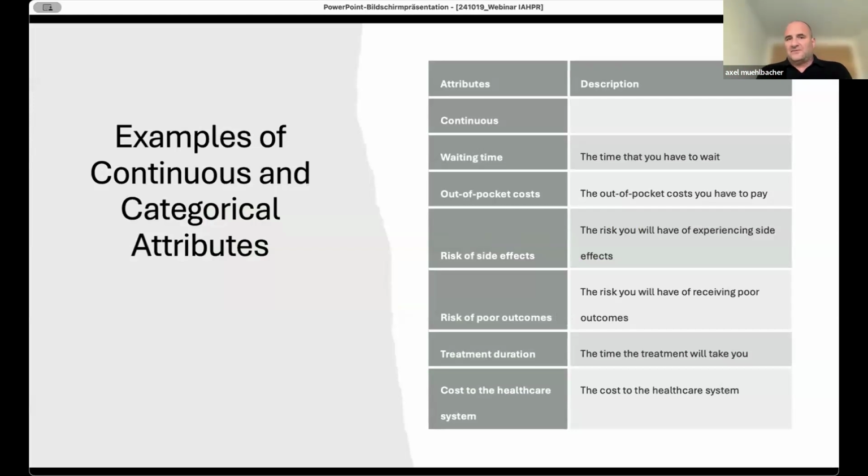So here I have a few examples, and they're very basic. These are examples of continuous and categorical attributes.